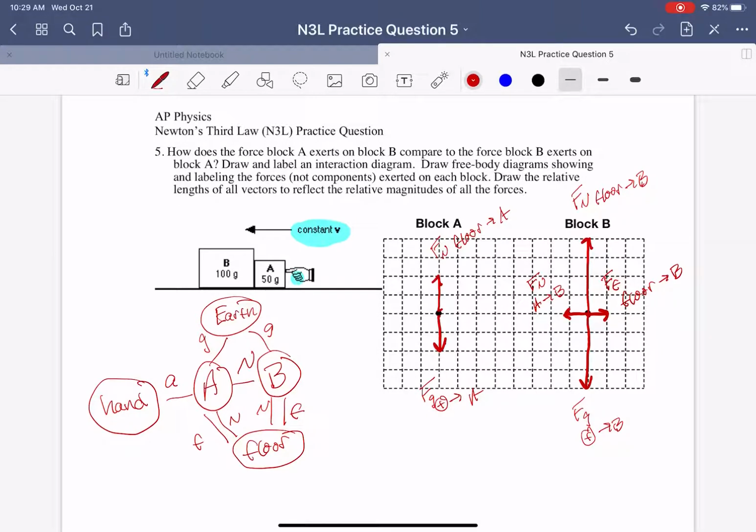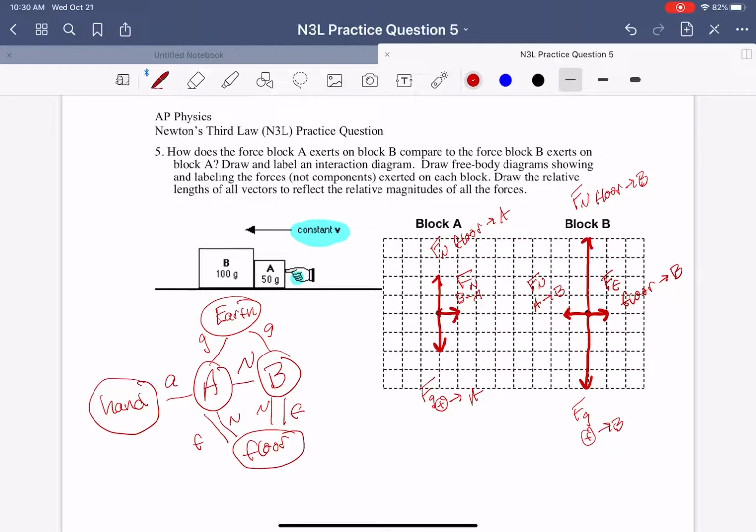So the force from A to B has to be equal in magnitude and opposite in direction from the force from B to A. So that way I will draw my force. Since B is to the left of A, it's pushing A to the right. So my normal force of B on A has to be to the right.